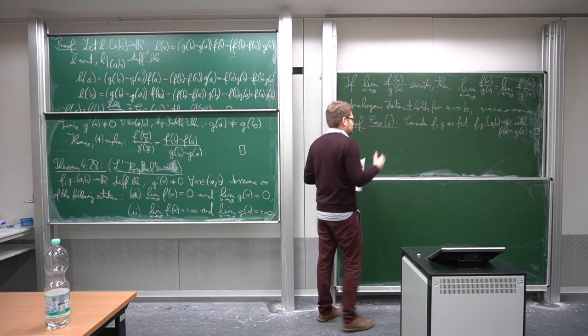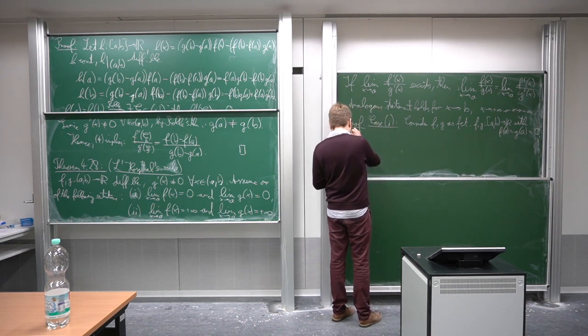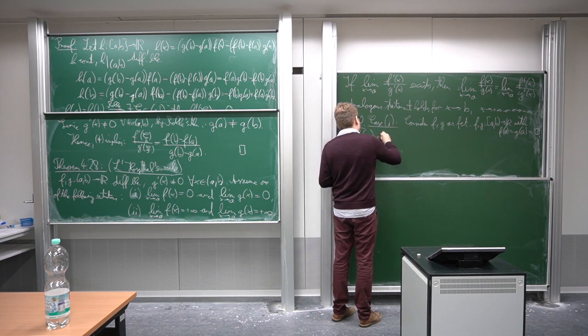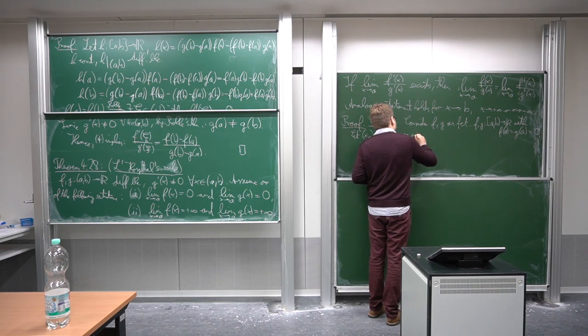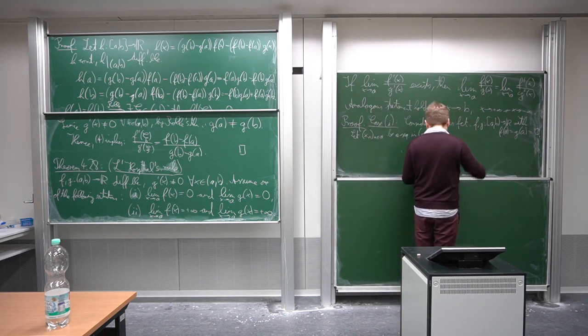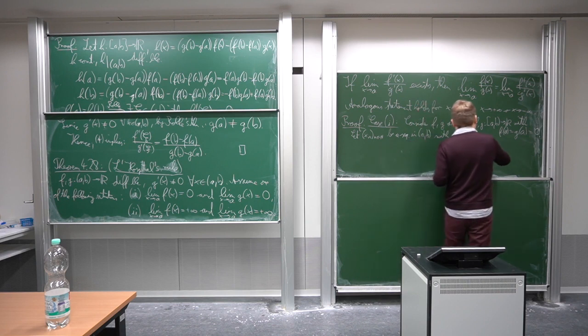Now what we want to study is the limit, and we want to go via sequences. Namely, we take a sequence x_n, n in N, in (a, b), which goes to a, and we need to see what f of the sequence divided by g of the sequence does. So the sequence has limit as n goes to infinity of x_n equal to a.